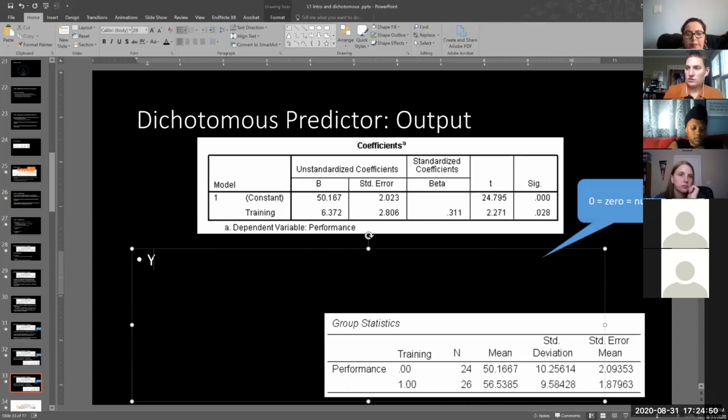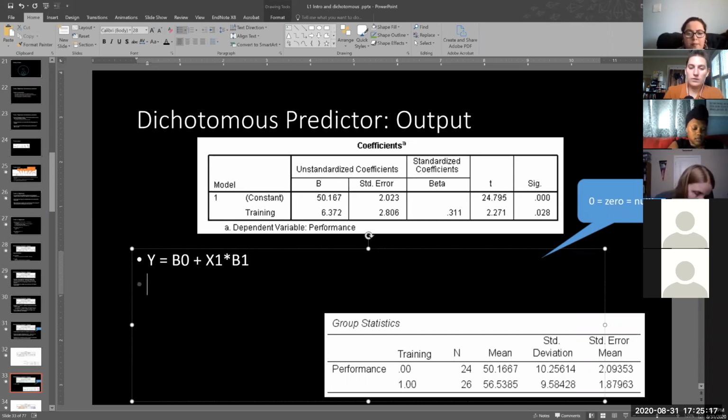Here's our equation, y equals x1 times b1 plus b0. I'm going to do it the other way around because I think it's easier. It's addition, so they can go in any order you want. I'm going to do them in this order because this is the order that they come out in the output.